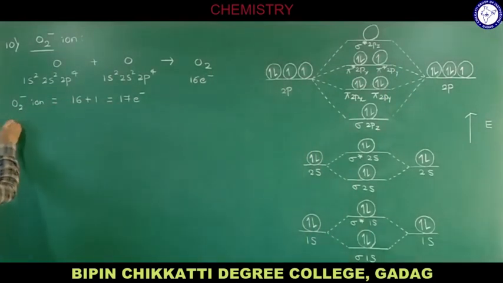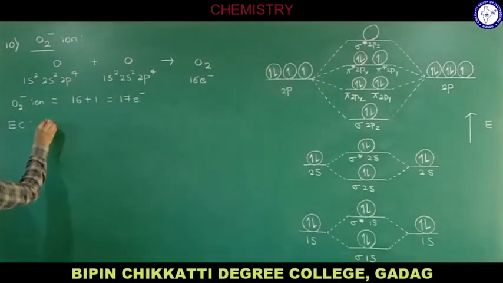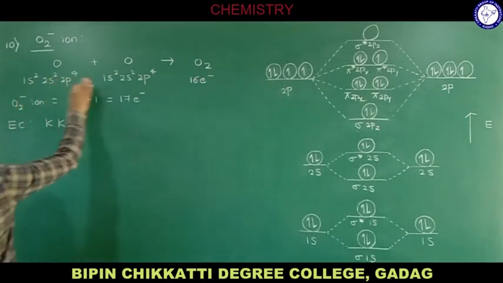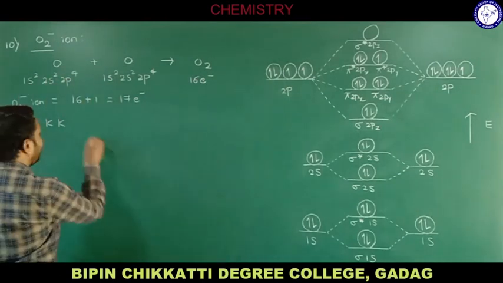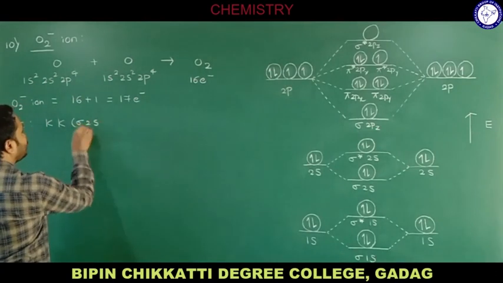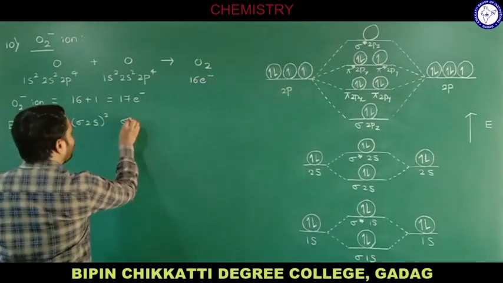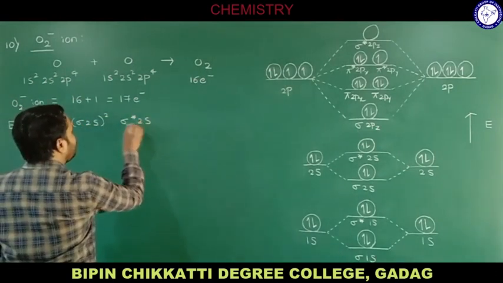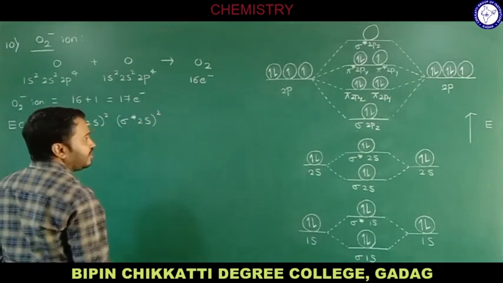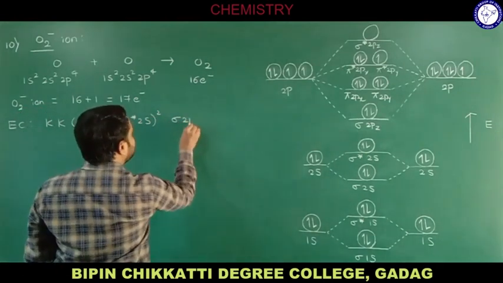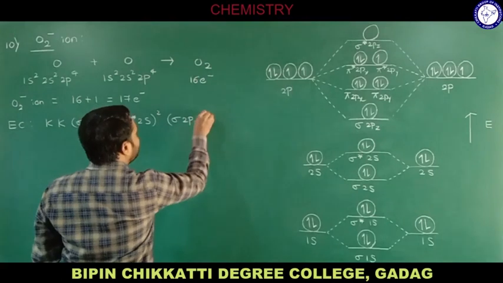We'll write the electronic configuration of this species. The K shell is completely filled. Next we have sigma 2s, 2 electrons in that molecular orbital. Sigma star 2s squared I write here. Next molecular orbital will be sigma 2pz squared.